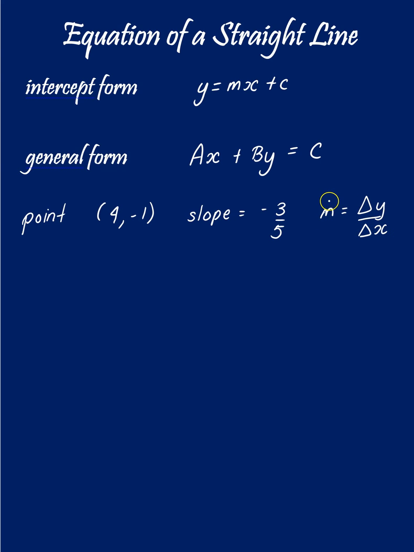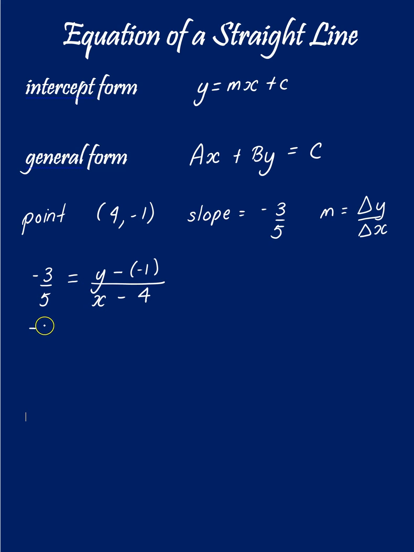So my slope, -3/5, equals y minus my y value, which is -1, so that becomes y + 1, over x minus my x value, which is x - 4. Now it's a simple matter that we can just cross multiply.